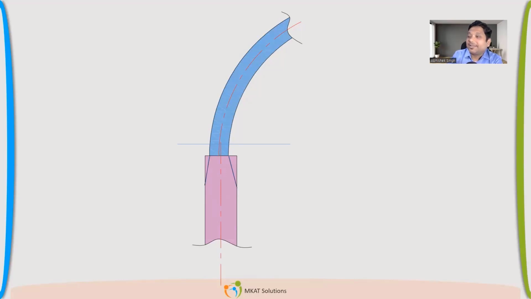The same thing was spoken by Sanjay ji, and I think Ajay was also trying to mention. So guys, whatever is there on this side, after this straight portion from where it's starting, the straight portion will always be designed as a cylinder.